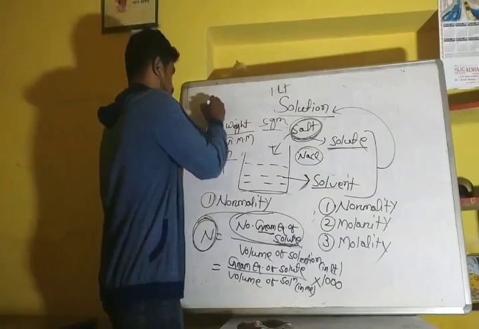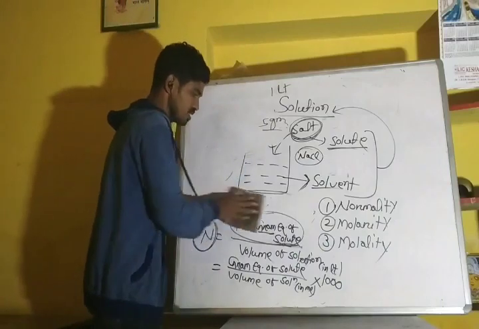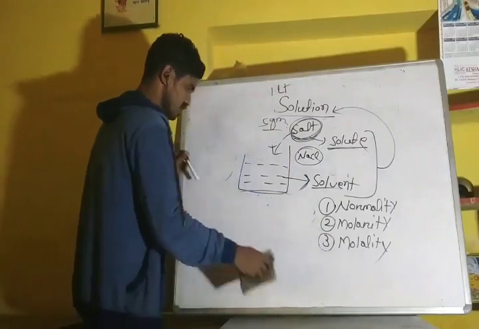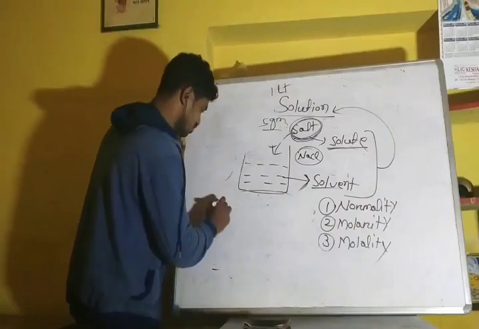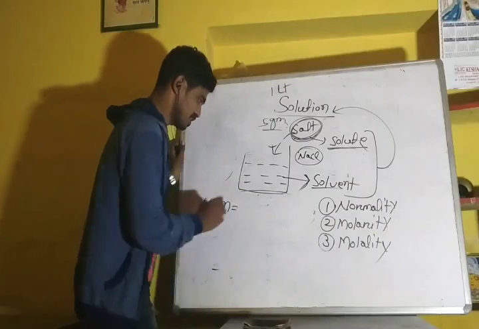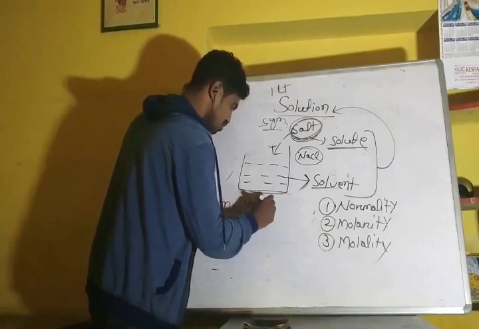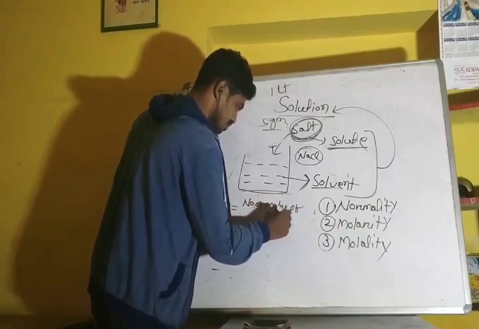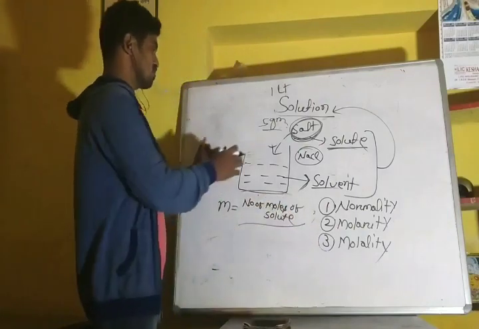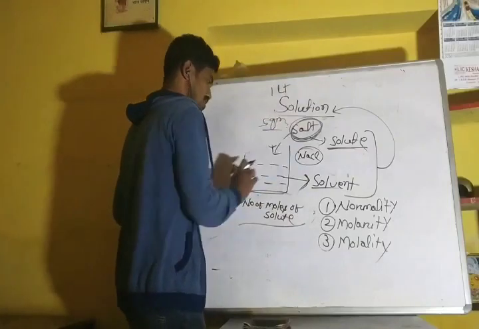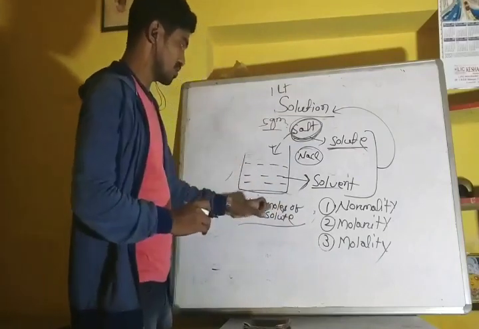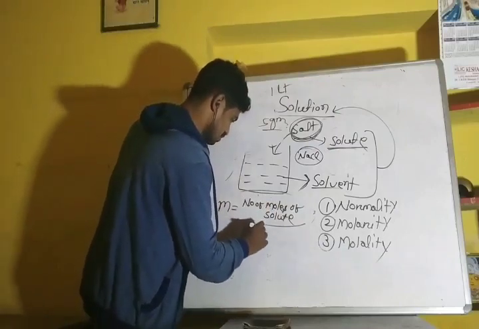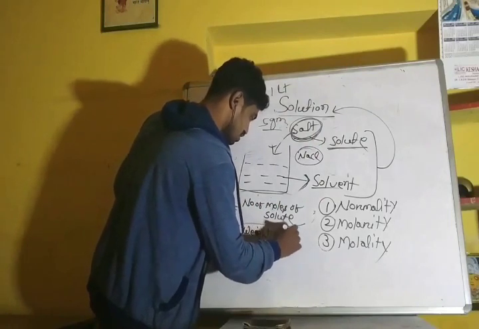Now the molality of a solution. Molality is expressed as small m, that is number of moles of solute. If you made the solution of salt and water, then the number of moles of salt by weight of the solvent.